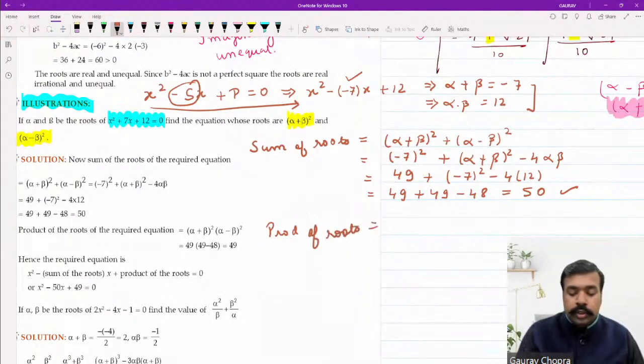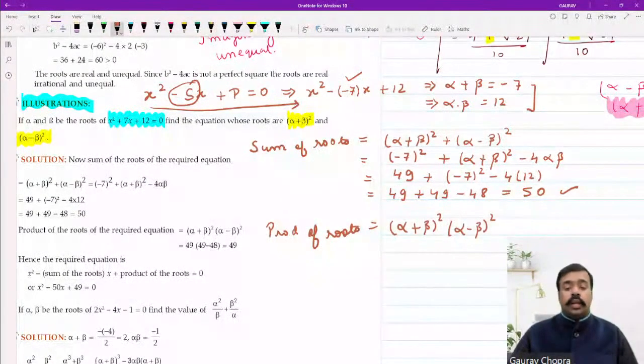So we know that the first root is alpha plus beta whole square and the second root is alpha minus beta whole square. We can again put the values. In place of alpha plus beta, we can substitute minus 7 with a square.